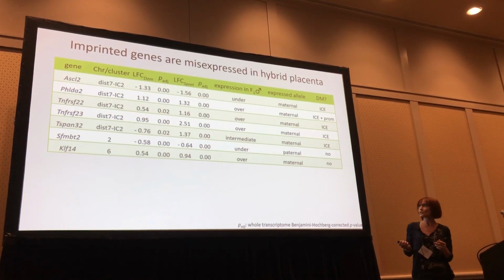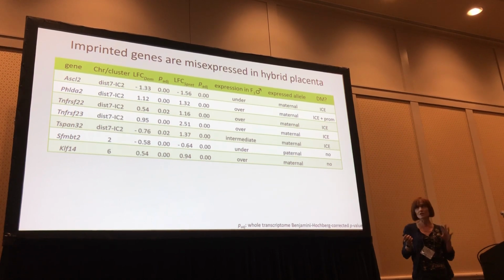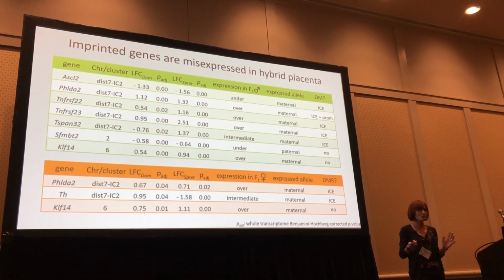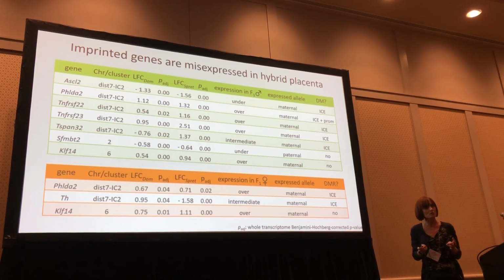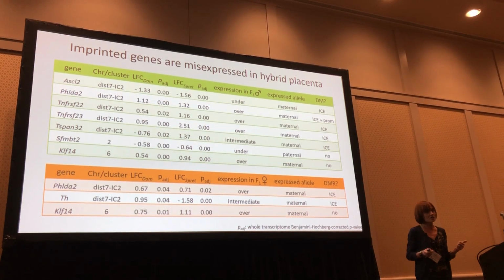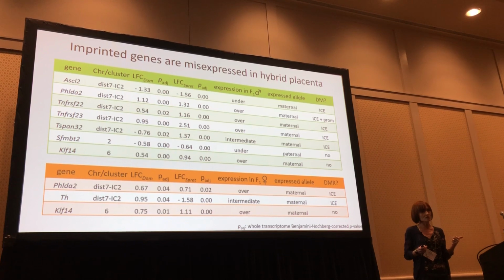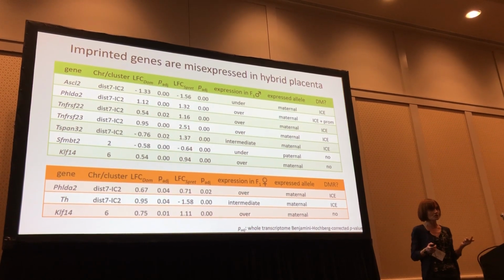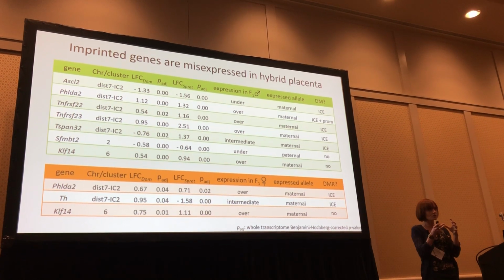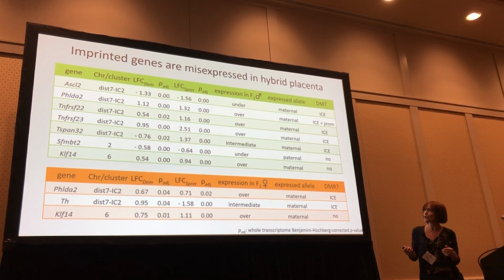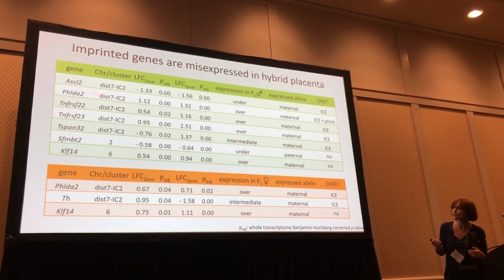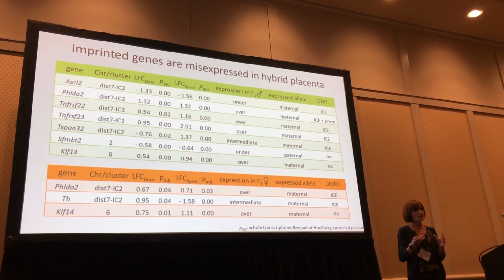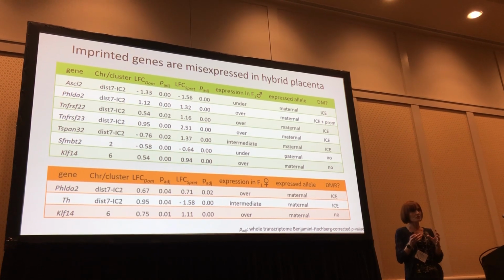Now I'm splitting by sex. This is in males and this is in females. I'm not going to read all the stuff in these tables. I just want to make 3 points. First, there's clearly more misexpression in males than females. Second, imprinted genes tend to be found in clusters in the genome, and we have one cluster in particular, on chromosome 7, that's really overrepresented in this group, with a lot of misexpressed genes.